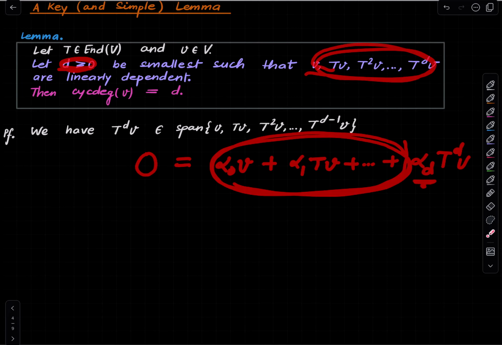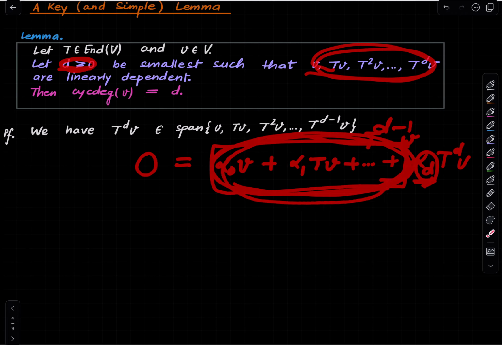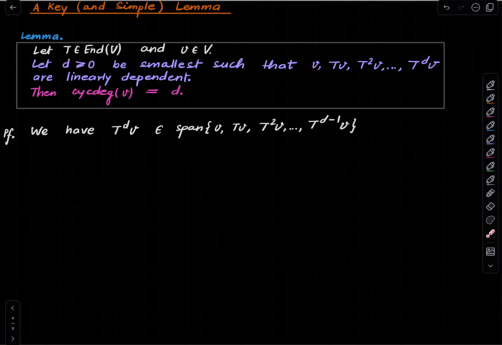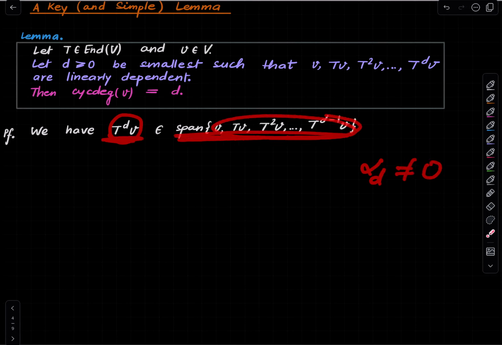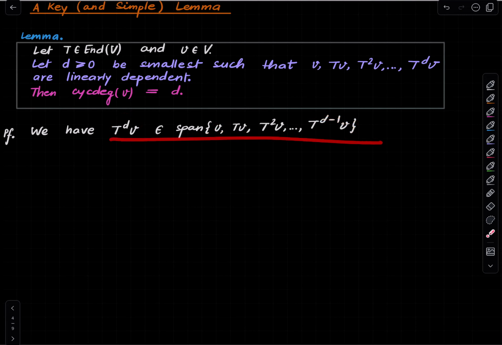So that linear dependence and the fact that alpha D is non-zero shows that this is in the span of that. You can justify this for yourself if that was not clear.